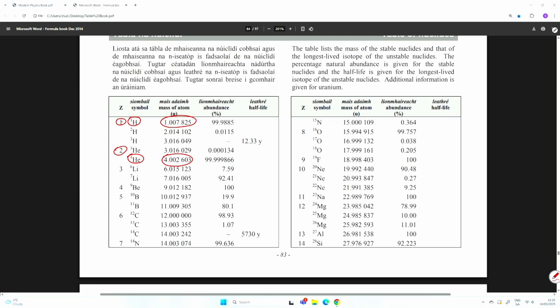So every element of the periodic table and its isotopes are in there from pages 83 down to 90. So they don't give you any information. You have to go to these pages and find out what the masses are in the small units.